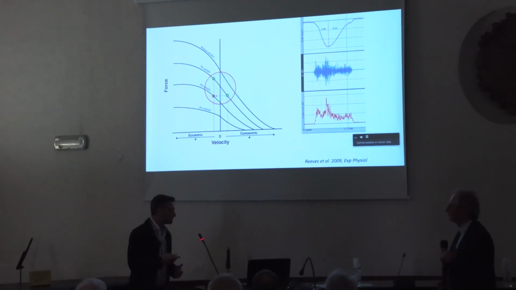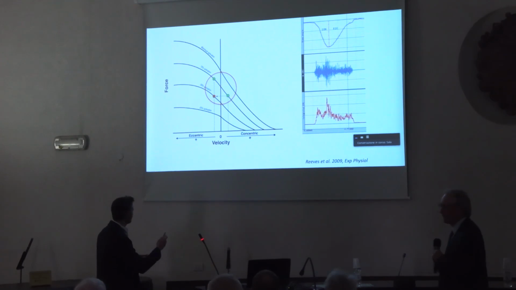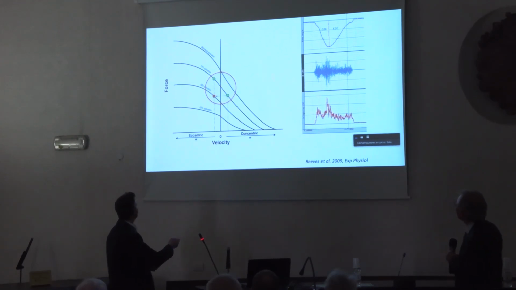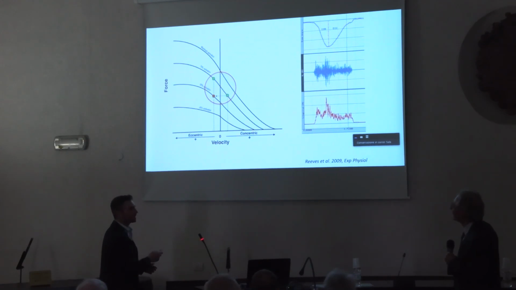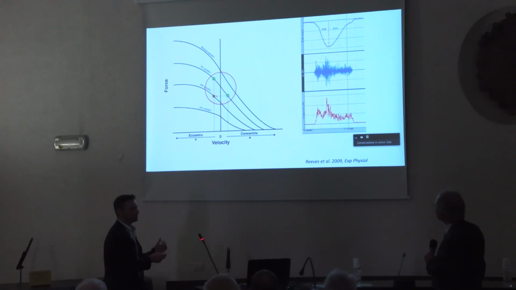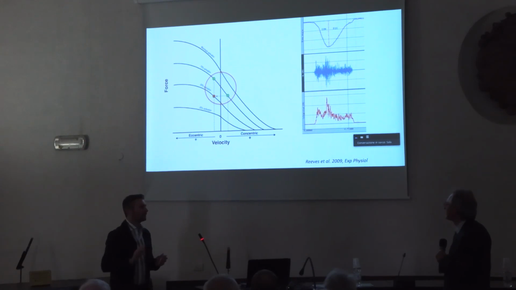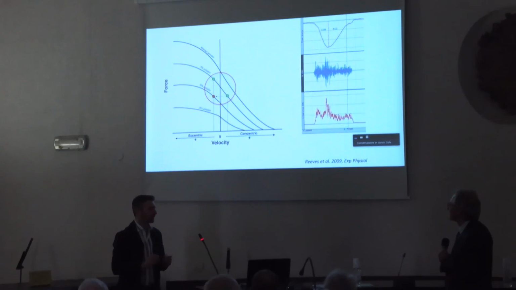So we decided, Marco decided, and I think it was a good idea, to basically match it for a theoretical neural activation. I haven't shown you, but there's a paper that we published in Acta Physiologica in 2014, in which we measured the integrated root mean square of the signal during an eccentric repetition maximum and a concentric repetition maximum.